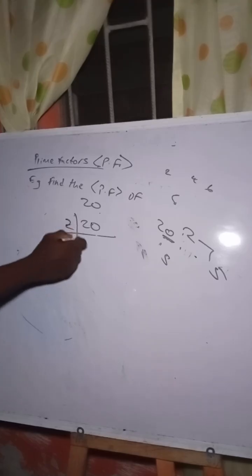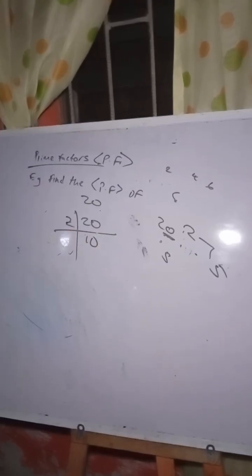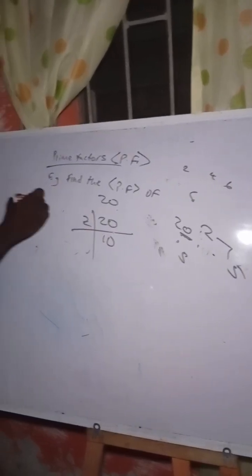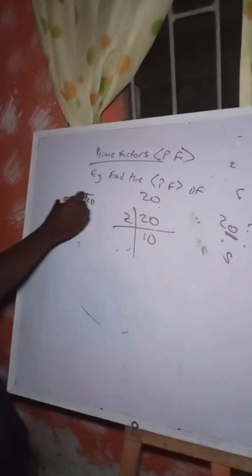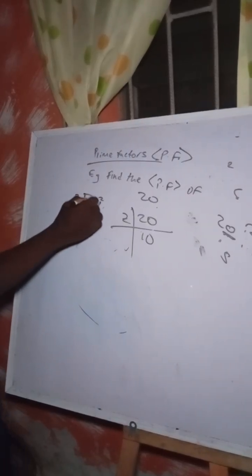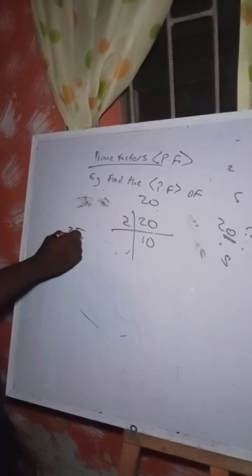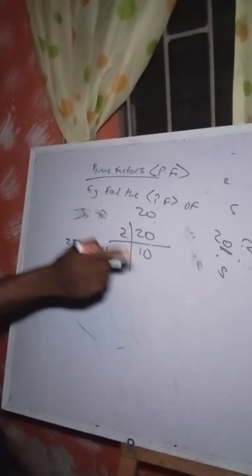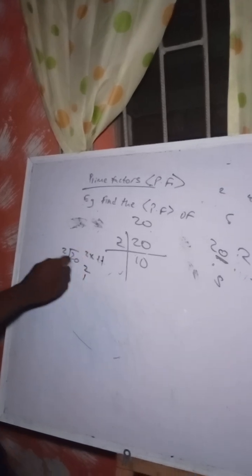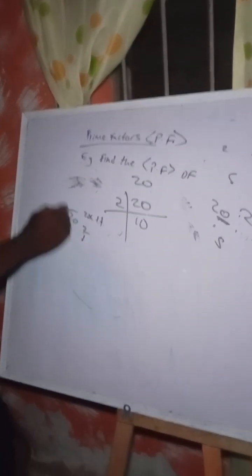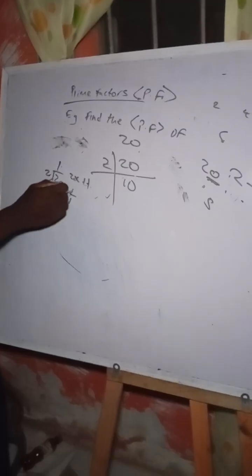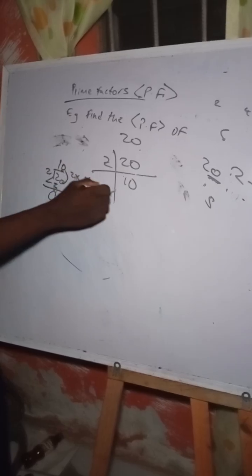What can go in 20? 2. 2 in 20 will give you 10. 2 times 1 is 2, 2 minus 2 gives 0, and the 0 comes down, that is 10.